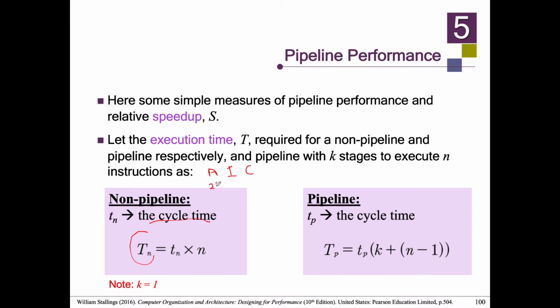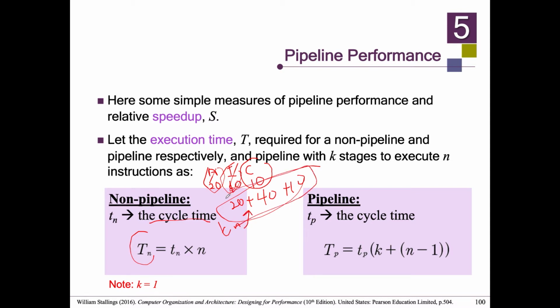Your abstract takes 20 minutes, introduction 40 minutes, and conclusion 10 minutes. So how do you define Tn? Tn will be 20 plus 40 plus 10, because you do the abstract first, then the introduction, and then the conclusion. So this is your Tn, the cycle time.